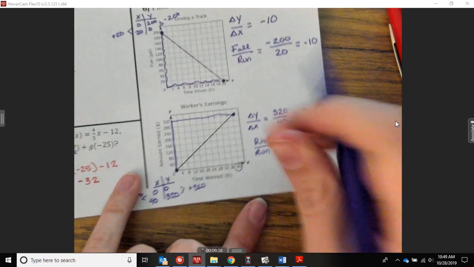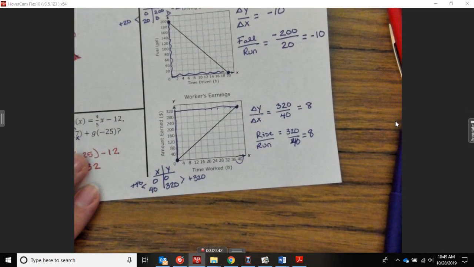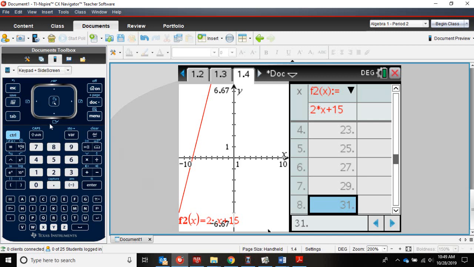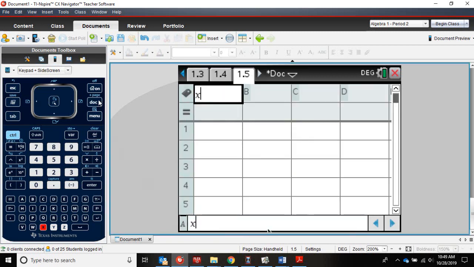And I'm going to show you how to type this into the calculator just as a reminder. I'm going to use these 2 points that we wrote here. On the calculator, I go to list and spreadsheet, and I put x and y, and 0, 40, and 0, 320. And the bell's about to ring, so you're going to hear that, and I'm going to keep going.